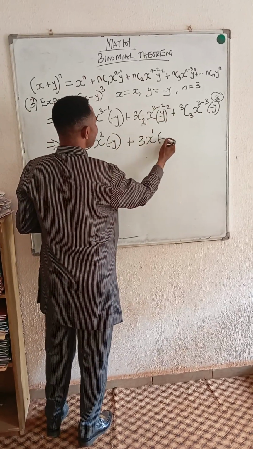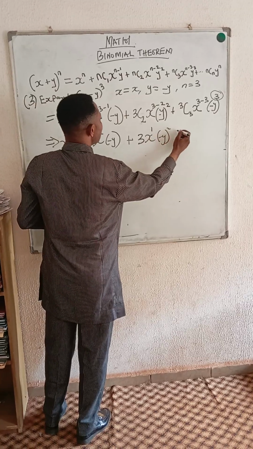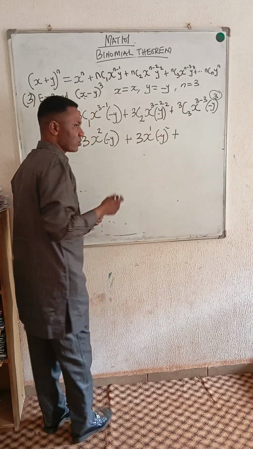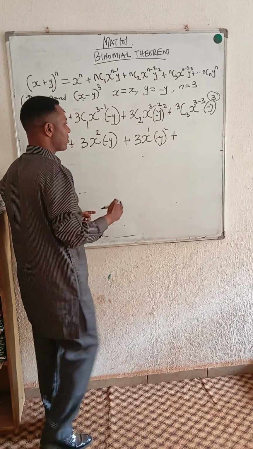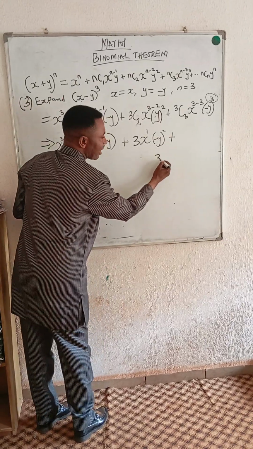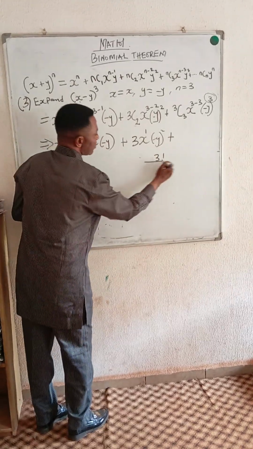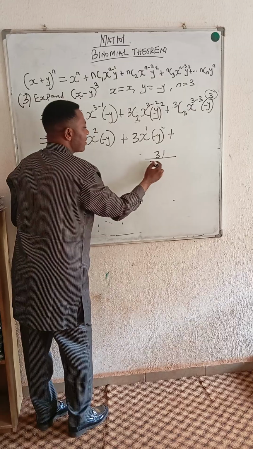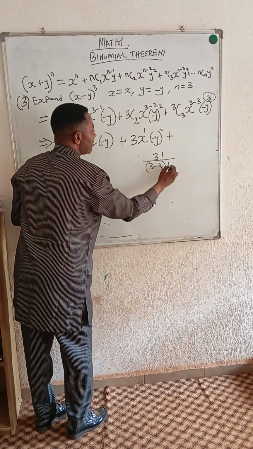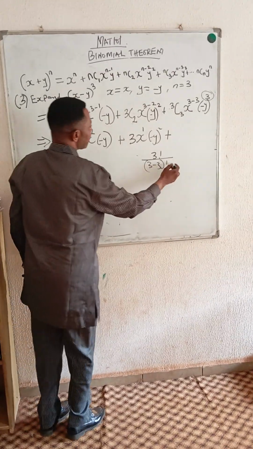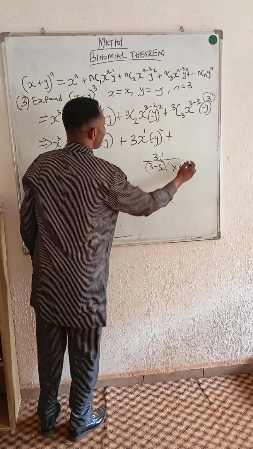Then minus y squared. Plus, what is 3 combination 3? The same process is 1, but why is it 1? Look at it. 3 factorial all over 3 minus 3 factorial, multiplied by 3 factorial.